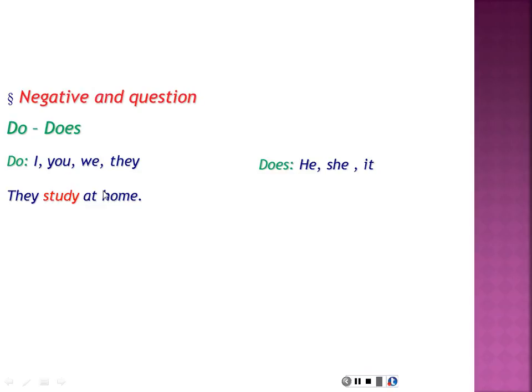Here we don't have the verb to be. We have one main verb, study. They study at home. So this is the main verb. In order to switch between affirmative and negative, we have to use do, in a way we will talk about later.